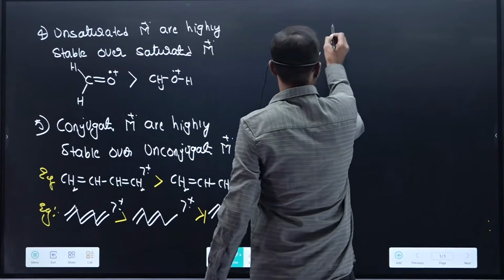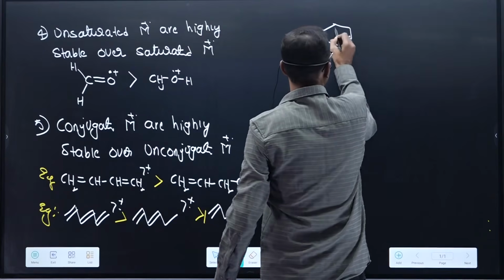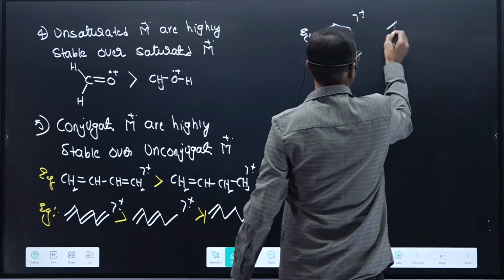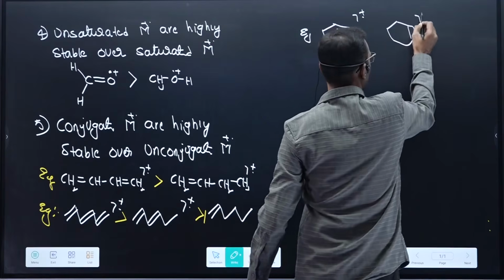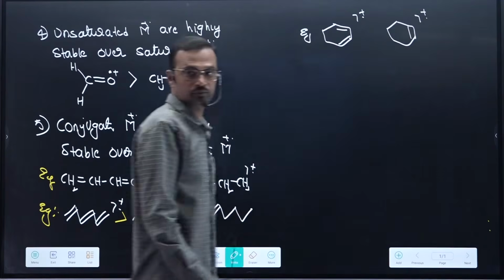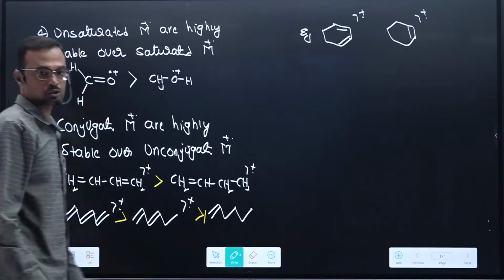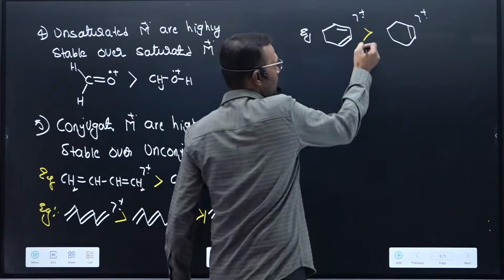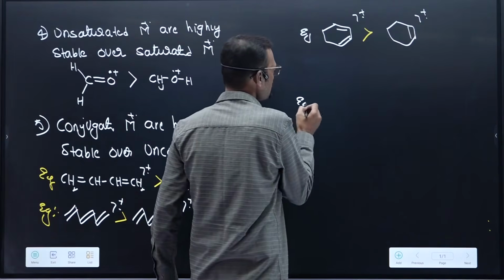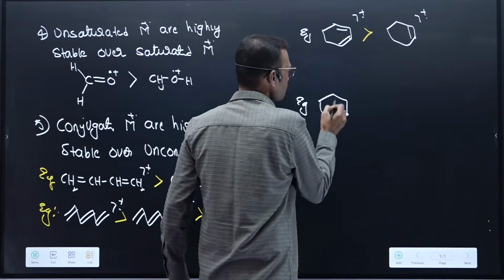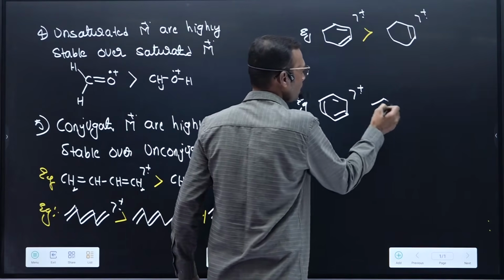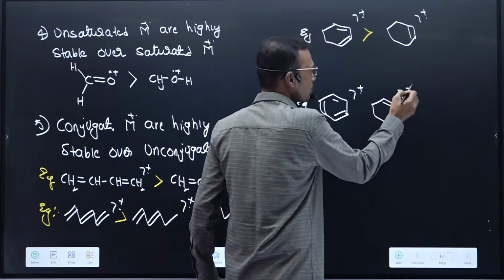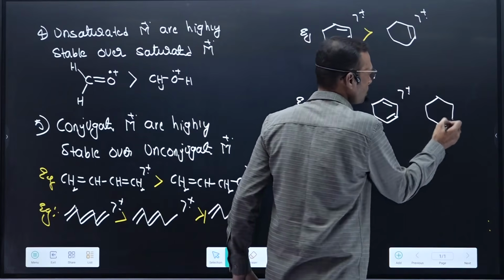So here I can take one more double bond molecular ion, and here one more double bond molecular ion. Which is more stable among these two? The first one is more stable than the second one. What is the reason? Conjugation is there. Now this is aromatic. Here two double bonds are under conjugation, and here one double bond is in this.